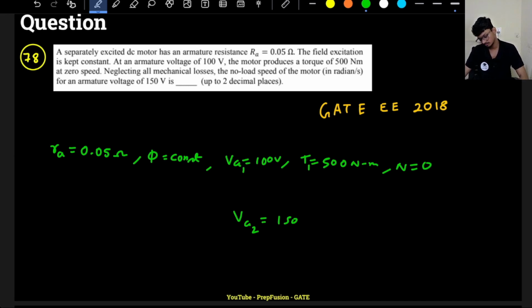Okay, so first of all, flux is constant, so how much will the torque increase? It is operating at no load. Initially it will have zero speed, so my EB voltage will be equal to 0. So what is the current?